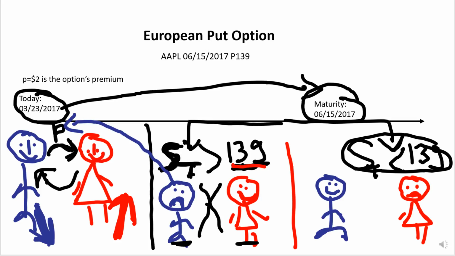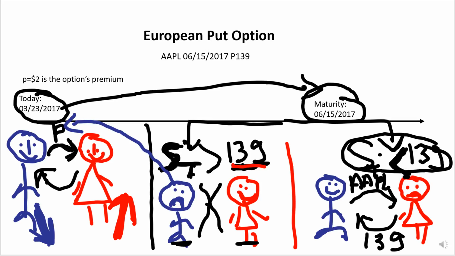Simply because the long investor will be selling 100 shares of Apple to the short investor at $139 a share. So he is selling a share of Apple that is worth less. Look at that, it is worth less. It's maybe worth 138, 137, 130, 120. Who knows what will happen, but he sells at 139.